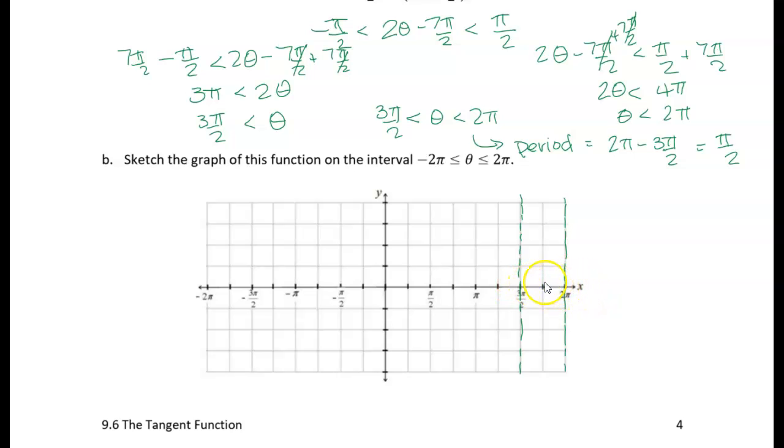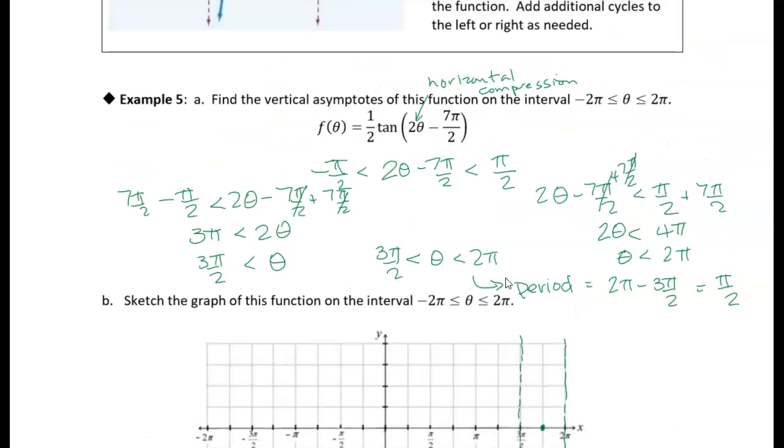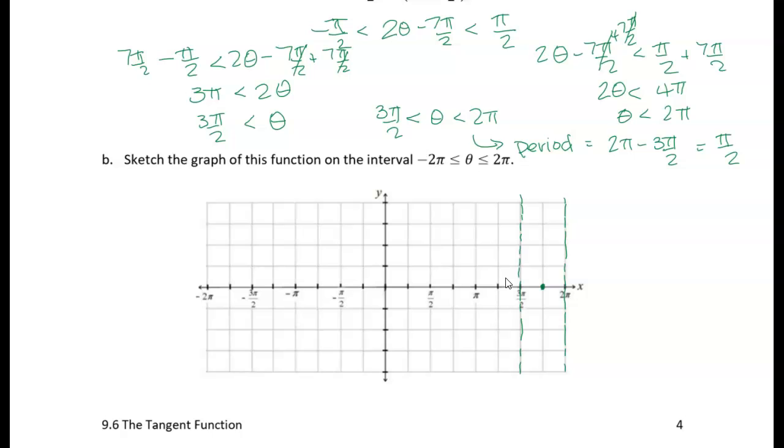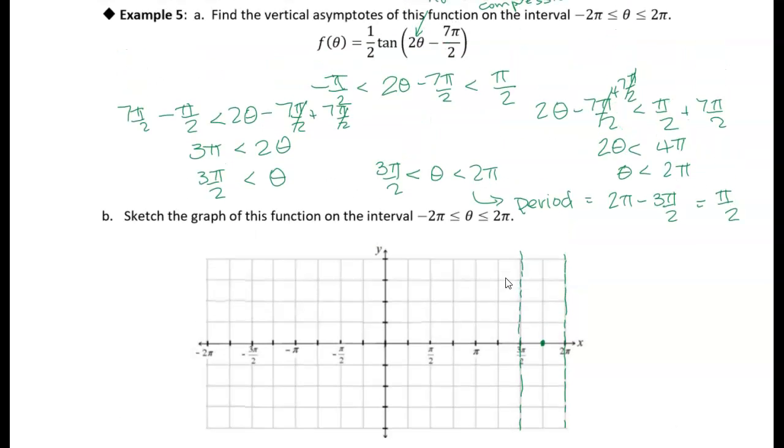Okay, so now what I can do is I know right in the middle it's going to be 0, right? Because you can see I don't have any vertical translation going on, right? And I do though have a vertical compression by a factor of 1/2. That's what this a value is telling me.